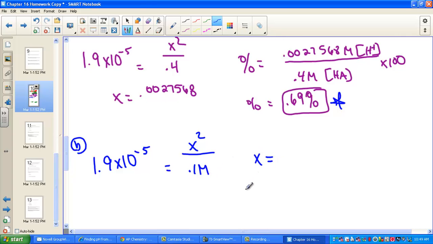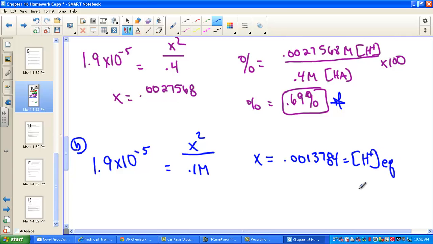Let's find for X, once we know the percentage, we'll take a peek at 5% rule. So 1.9 e negative 5 times 0.1, square root that answer, and you're going to find X come out to be 0.0013784. There's your hydrogen ion at equilibrium.